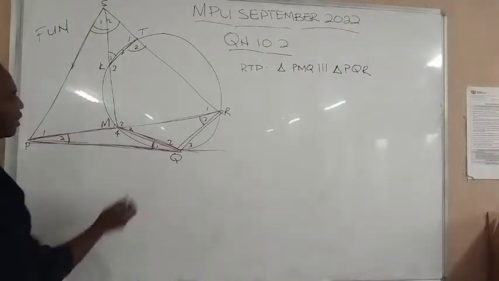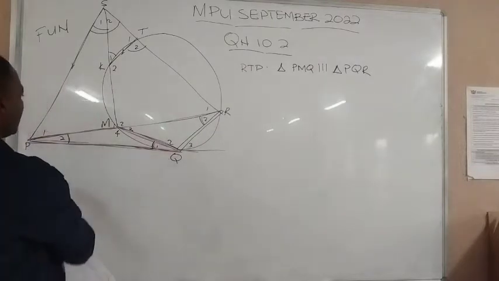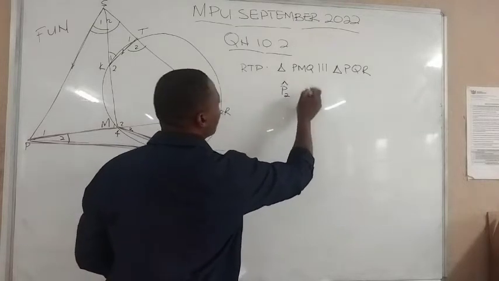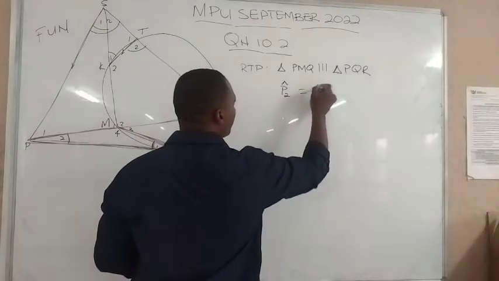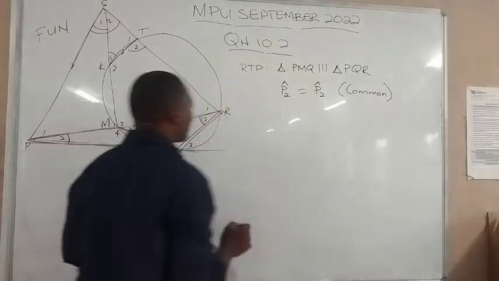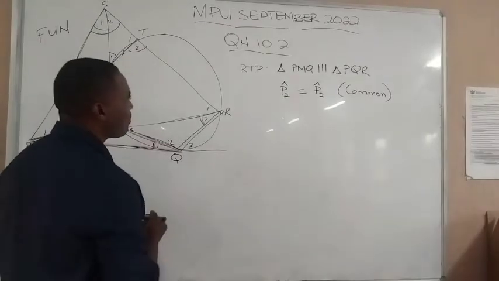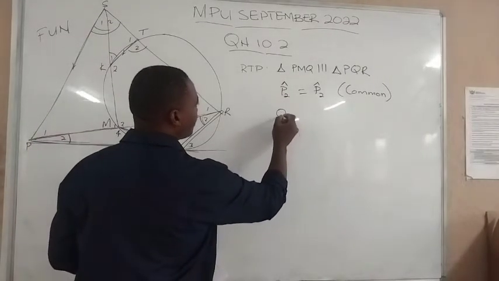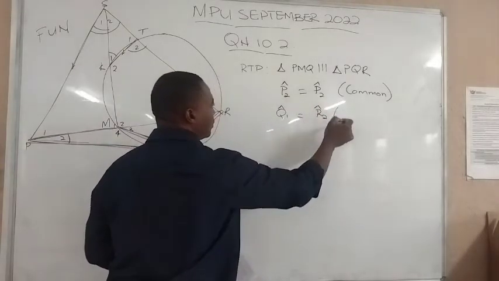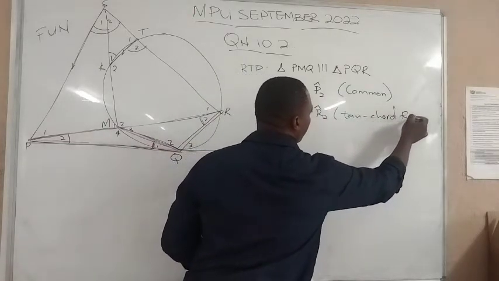So we have identified that in triangle PMQ, alright, we have angle P2, which will be equal to angle P2, and because this is a common angle, we have also realized the tan chord theorem, that is angle Q1 is equal to angle R2, which is a tan chord theorem.